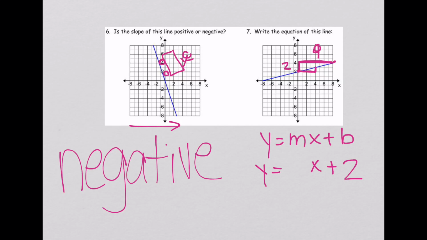That's going over 8, isn't it? My bad. The rise is 2 and the run is 8. And then if we simplify that, that becomes 1/4. So it's actually y equals 1/4 x plus 2. Okay?